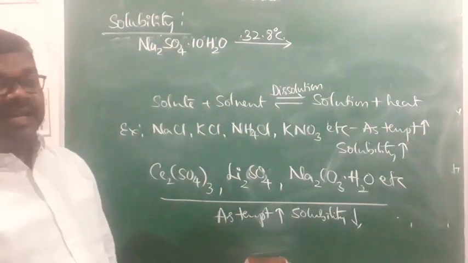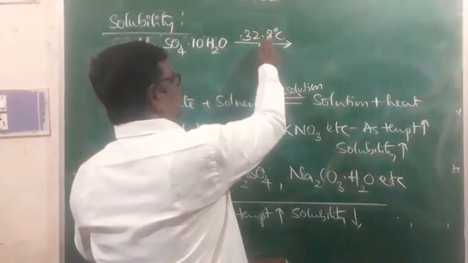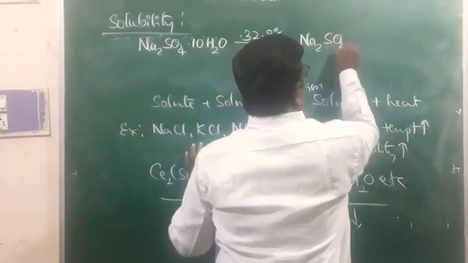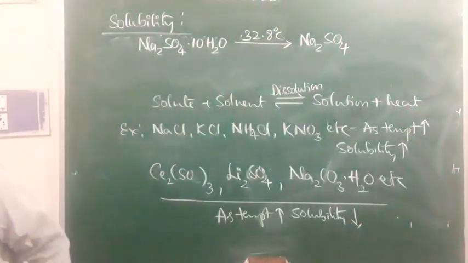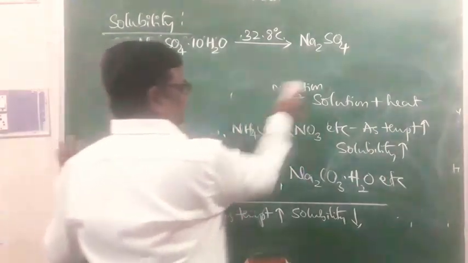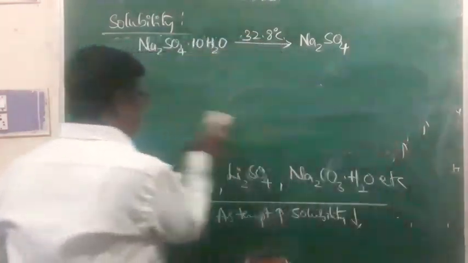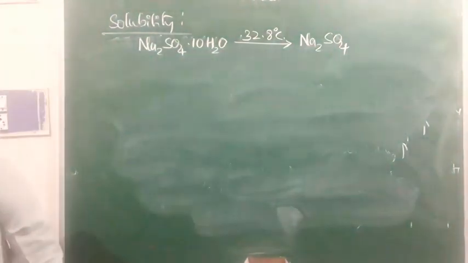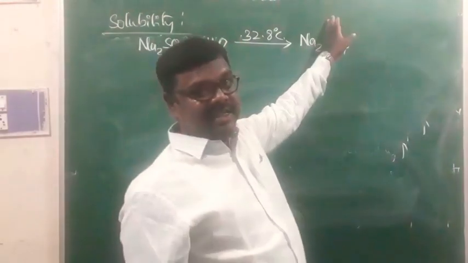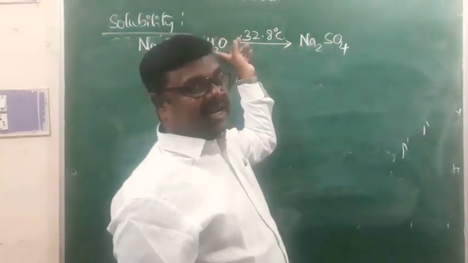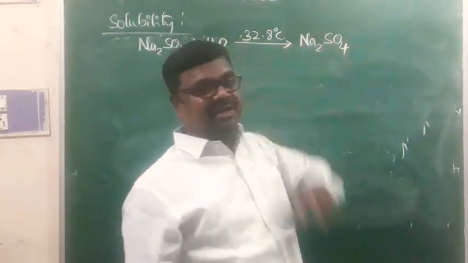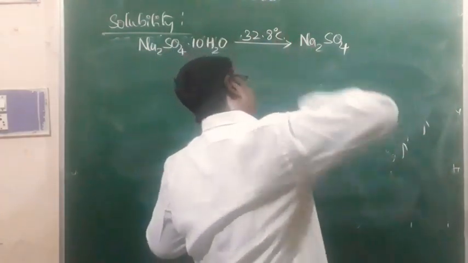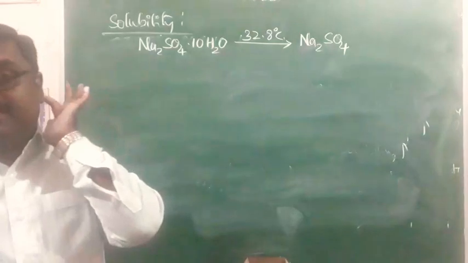Did you understand? Because after 32.8 degrees Celsius, sodium sulfate decahydrate is completely converted into sodium sulfate. In the case of sodium sulfate decahydrate, solubility increases with increase in temperature up to 32.8 degrees Celsius. After that, it is converted to sodium sulfate, and if we increase the temperature, solubility decreases.